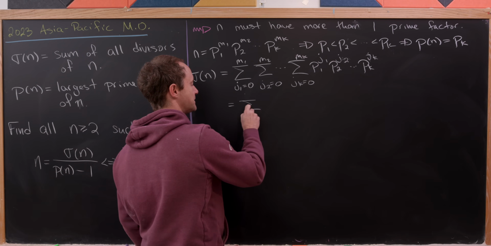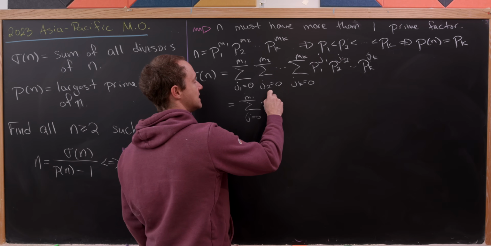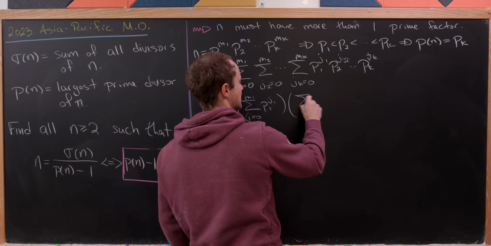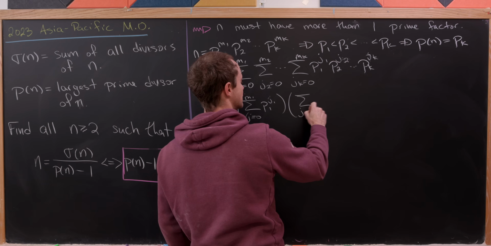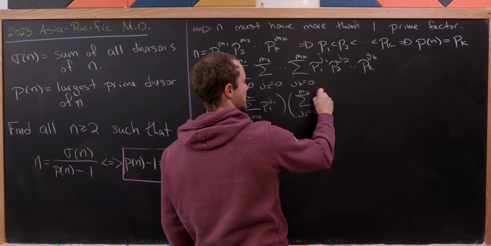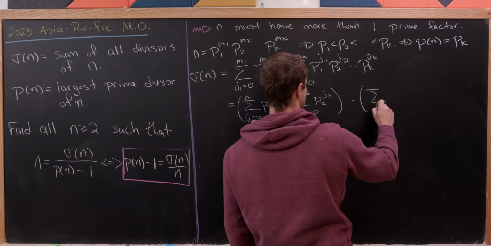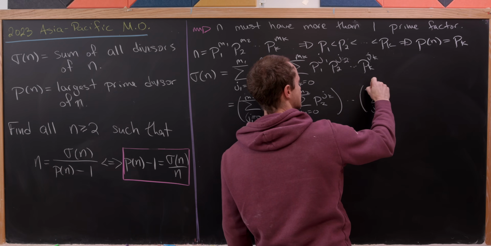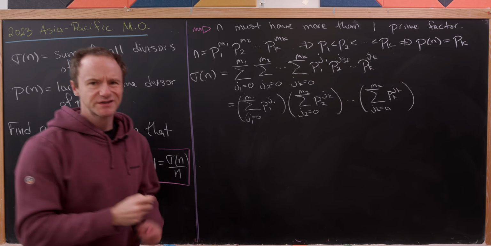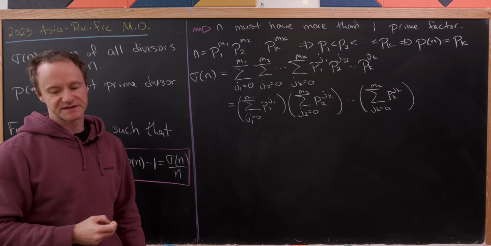So we've got the sum as j1 goes from 0 to m1 of p1 to the j1 times the sum as j2 goes from 0 to m2 of p2 to the j2 all the way up to the sum as jk goes from 0 up to mk of pk to the jk. So that's just factoring that multi-sum out into a product of a bunch of single sums.